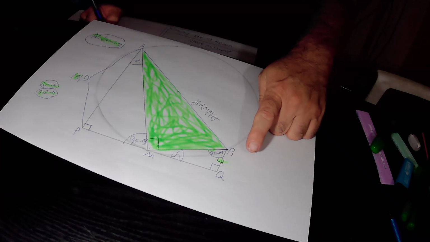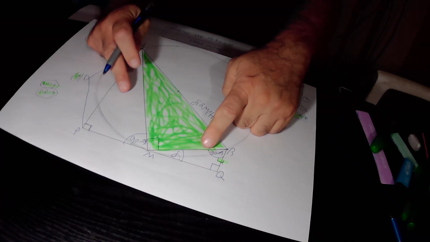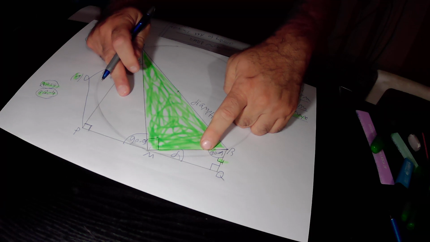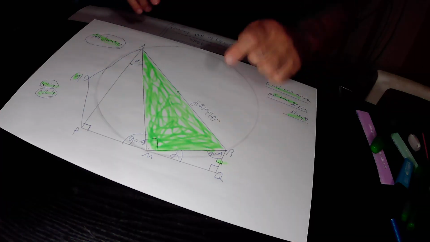From the fact that those two right triangles are similar to each other, we derive that the following relationship exists between their sides.